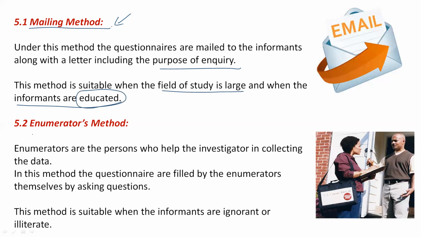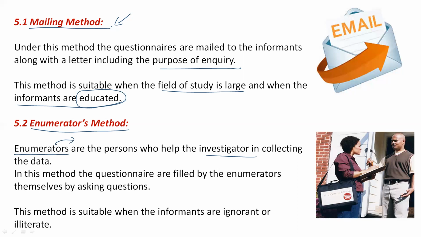Then we have the enumerators method. Here the enumerator is a person or an agent who will be appointed by an investigator. The enumerator will directly go to the informant and pass the questionnaire to them.